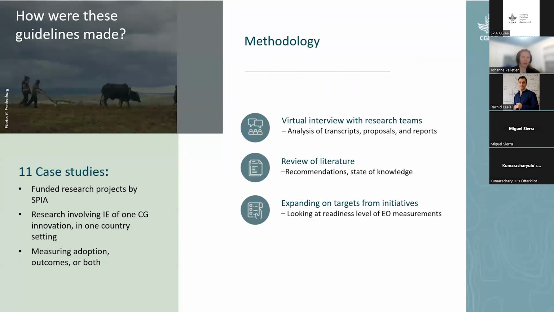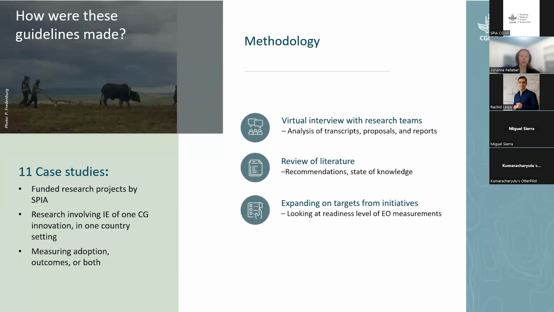So just to give you a bit of a view of how the guidelines were made. It's based a lot on the input of 11 case studies that used remote sensing to do impact evaluation in different contexts.